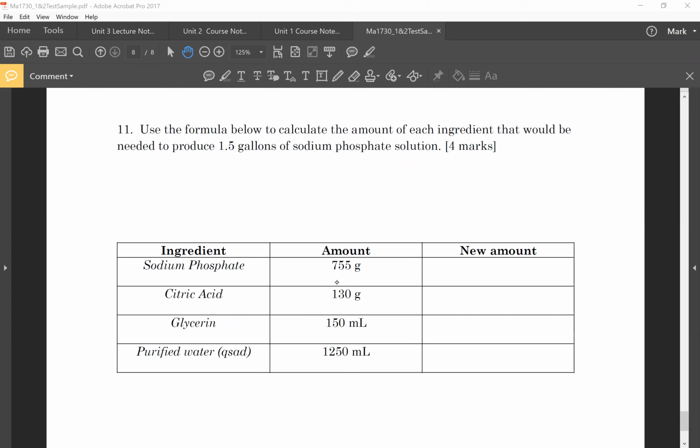So what I need to do is figure out a conversion factor to multiply all of these by. I'm converting the recipe.